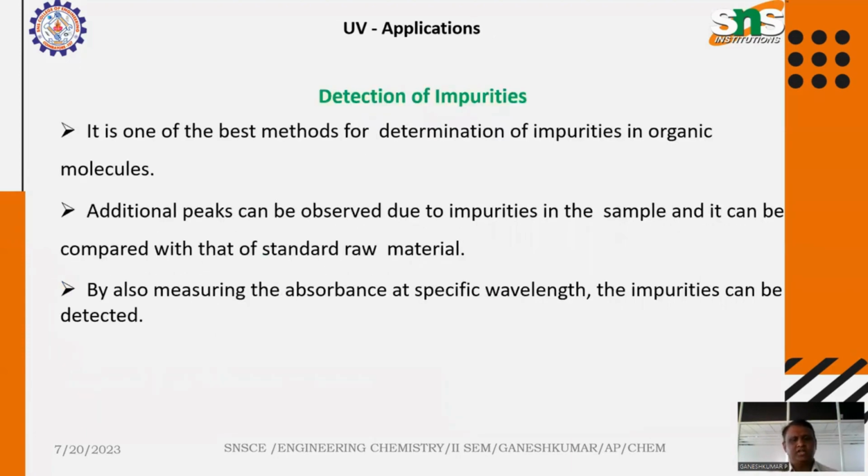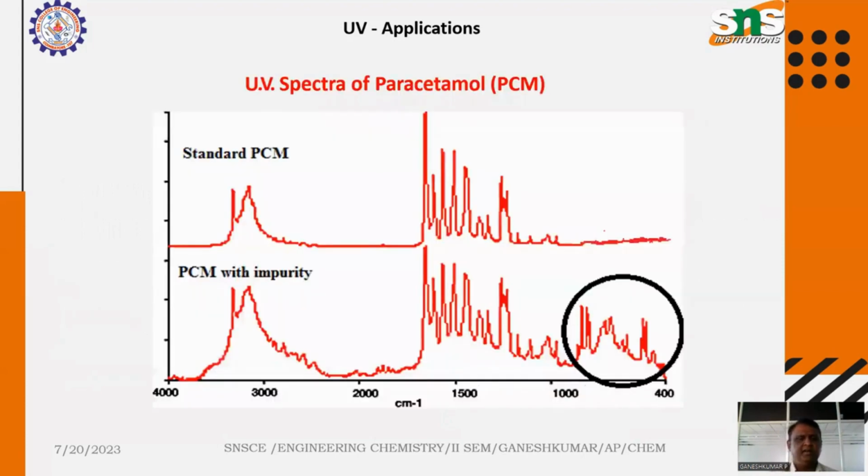There are various applications of this ultraviolet spectrophotometer. It is used to detect the impurities present in inorganic and organic chemicals. By measuring the standard peak and absorbance, we can analyze that. For example, the first graph is a standard paracetamol medicine graph. Here, there is another sample which contains some impurity in the paracetamol, which is easily detected.